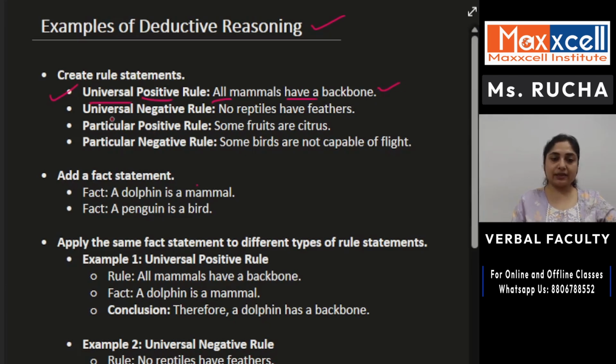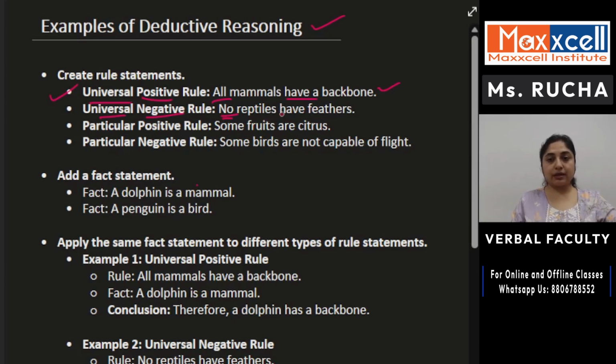Similarly, let us understand universal negative rule. Universal negative is exactly opposite of universal positive, which means it will have words like no in it and it will have something negative in the sentence. Again, let us understand this with the help of an example. No reptiles have feathers.